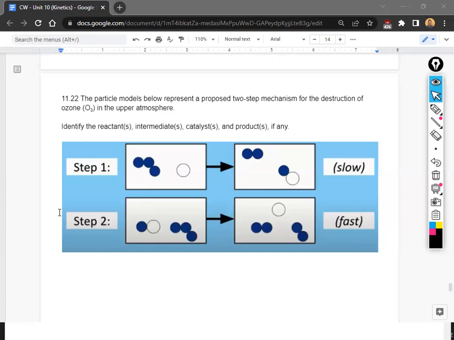The catalyst is the actual compound that helps speed up the reaction. When the catalyst connects with one of the reactants, that forms the intermediate. I'll go over this problem in a sec. Just try at least to identify the reactant and the product.